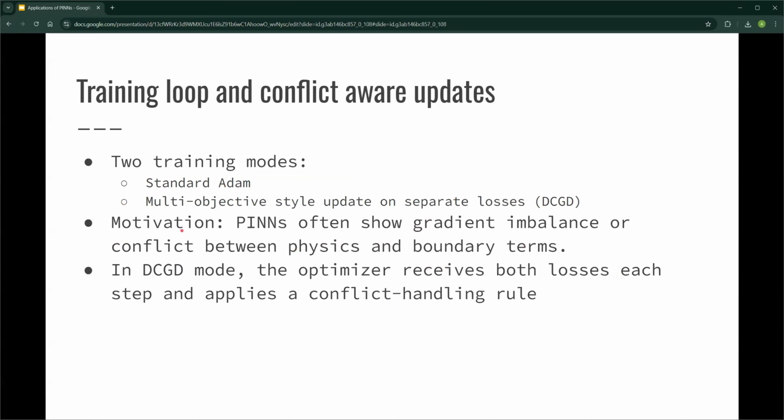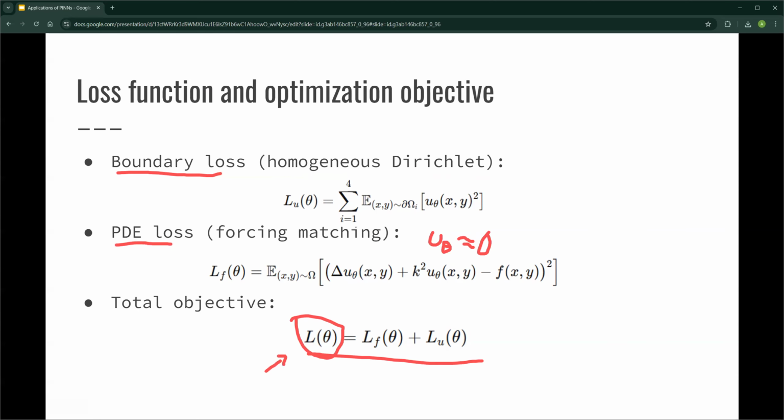There are actually two different methods of training this, and this really depends on the PDE. One would be the standard Adam optimization, which uses the combination of the two loss functions. So the total loss is L1 plus L2, as I showed in this equation right here.